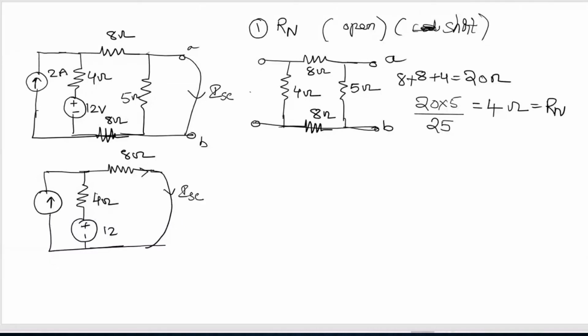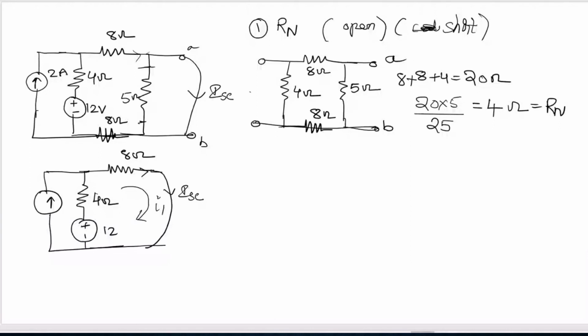Minus 12 plus 4 times I1 minus I2, where I2 is 2, plus 8 I1 is equal to 0. So minus 12 plus 4 I1 minus 8 plus 8 I1 is equal to 0.